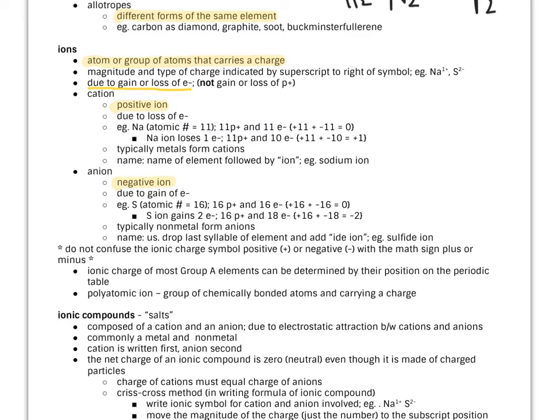If you're noticing a trend, they will have a charge of -2, meaning they'll gain 2 electrons. They'll gain 2 negative particles. And for group 7A, fluorine, chlorine, bromine, iodine, they are going to form a -1 charge because they gain 1 electron, and then they're happy.